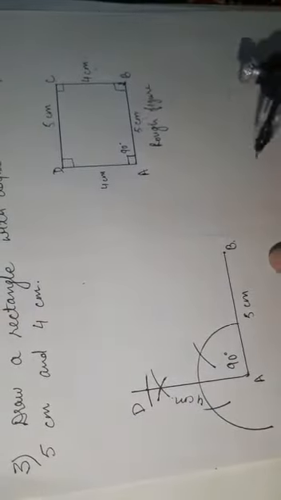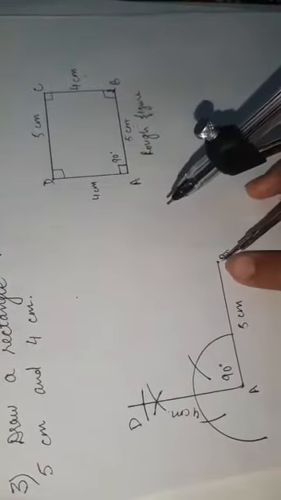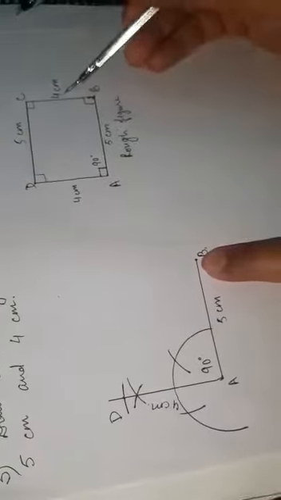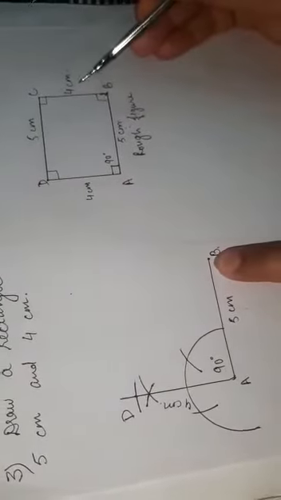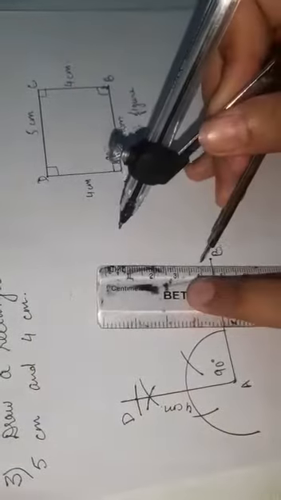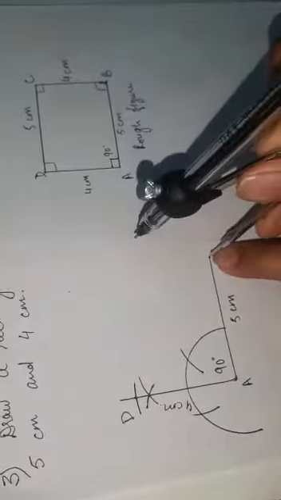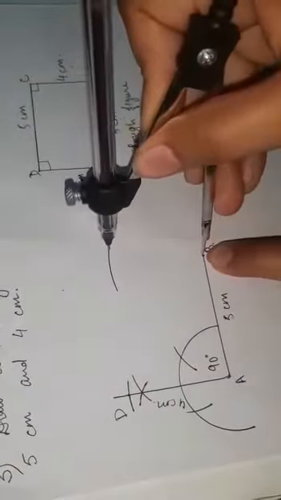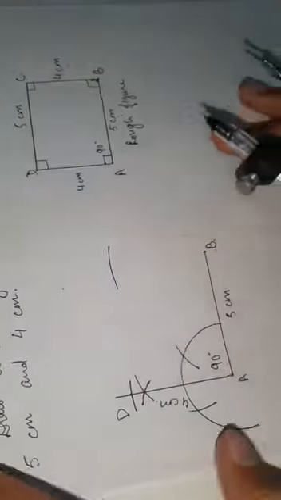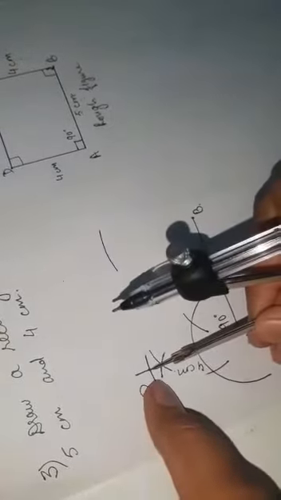Okay, now we know that from point B there should be a line segment of 4 centimeters. So I'll draw an arc of 4 centimeters from point B. From B point, draw an arc of 4 centimeters. Okay, now from point D, the distance of D and C is 5 centimeters.